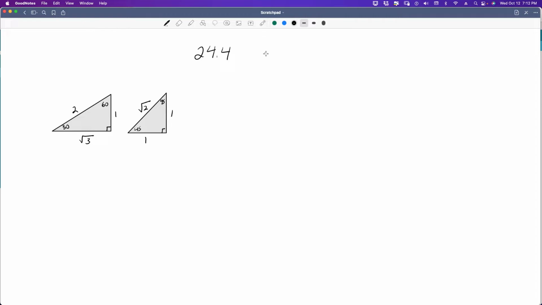So we're going to evaluate the square root of 6 times the sine of 30 plus 1 divided by the square root of 2 times the tan of 60 degrees. All right, so sine is going to be the sine of 30.